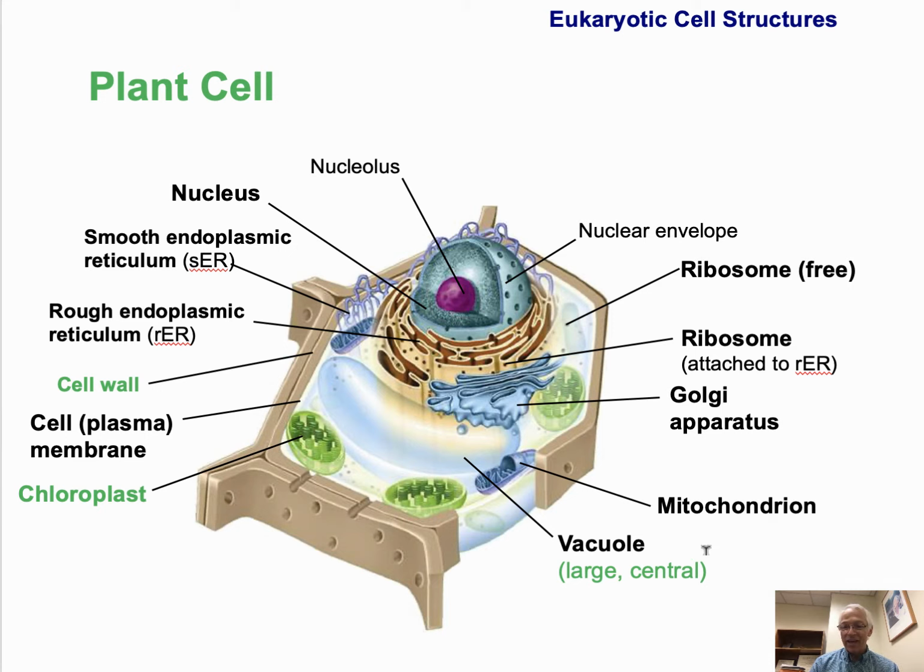And they often have a large central vacuole, which is just a membrane bag in the middle of the cell. And in lots of plant cells, it's the biggest organelle in the cell, just a big bag of water, sort of. And we have vacuoles or vesicles, these small little membrane bags, bubbles in our cells, lots and lots of them.